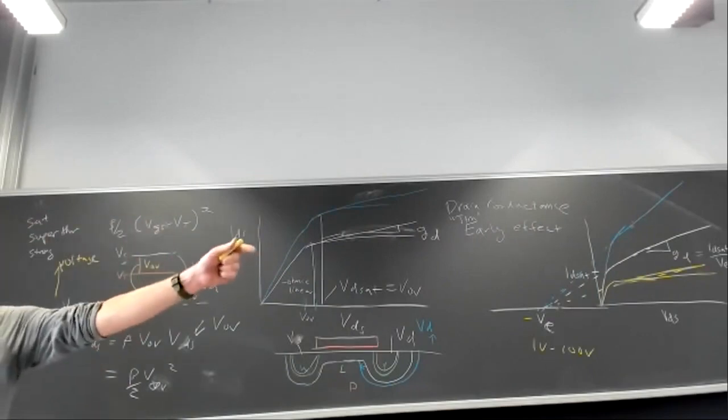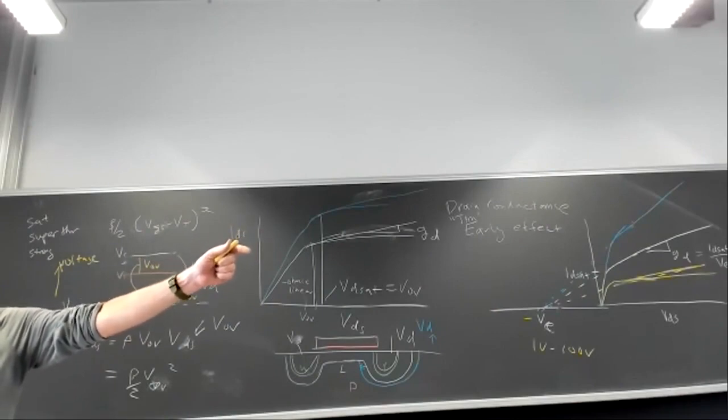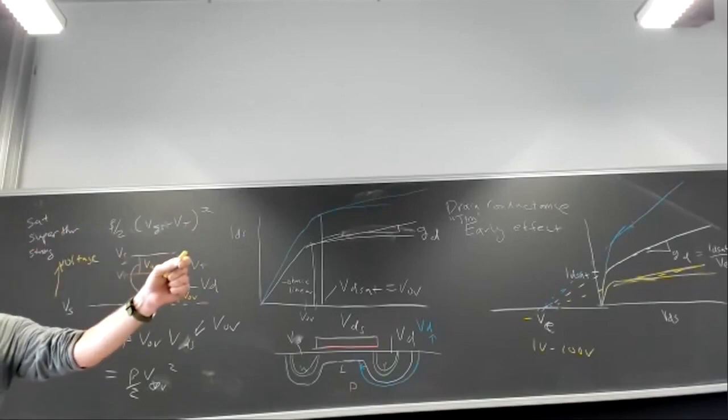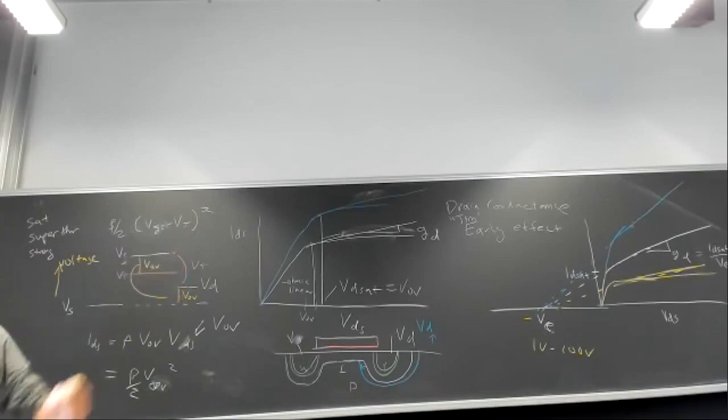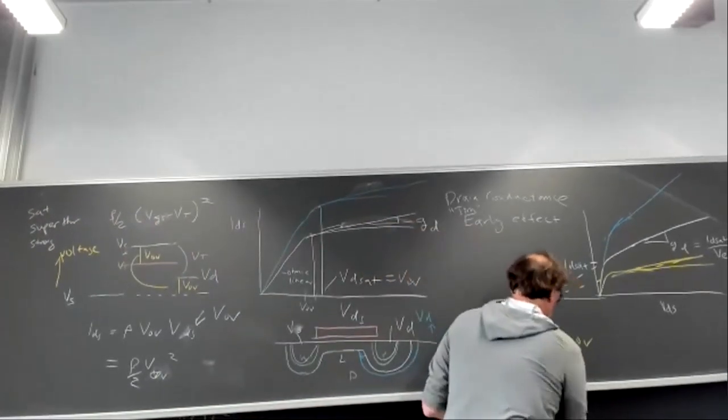If you make a really long transistor, then this little bit of depletion region variation becomes a tiny fraction of the whole length. If you make the transistor really short, this depletion region variation makes the transistor channel length change a lot, right? So is it kind of obvious? The longer you make the transistor, the less the effect of this depletion region variation. So generally, VE is going to be approximately proportional to the transistor length.